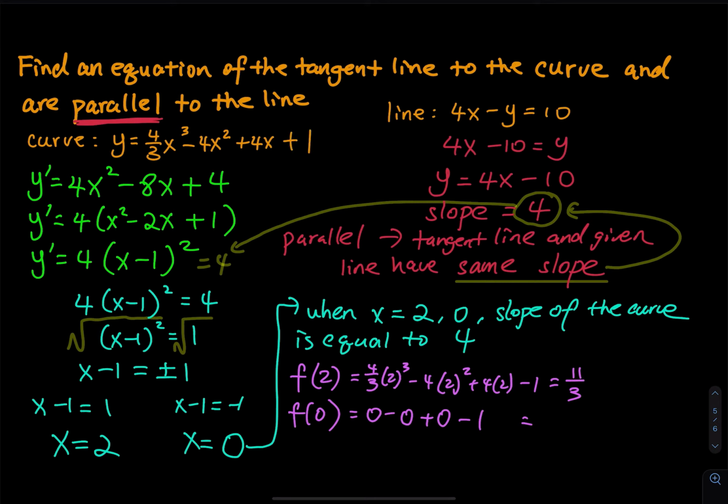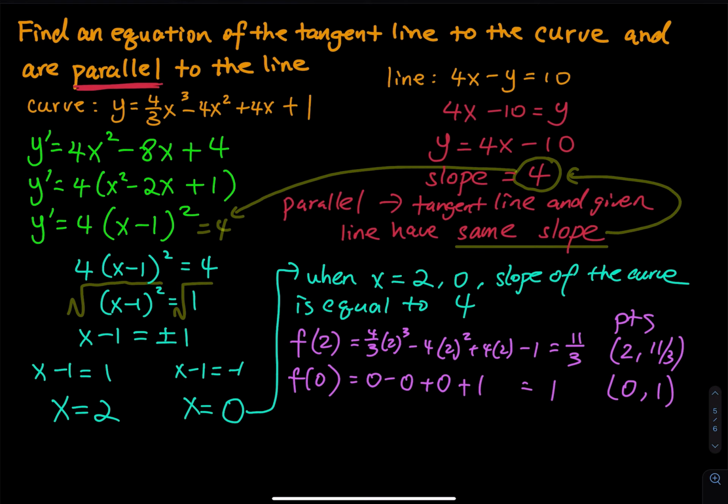That doesn't affect anything. Don't worry about it. Because I wrote my notes already, so the points are 2 comma 11 over 3 and 0 comma 1. I want to keep the plus 1 because that is what I wrote in my notes. I don't want to change the numbers around.